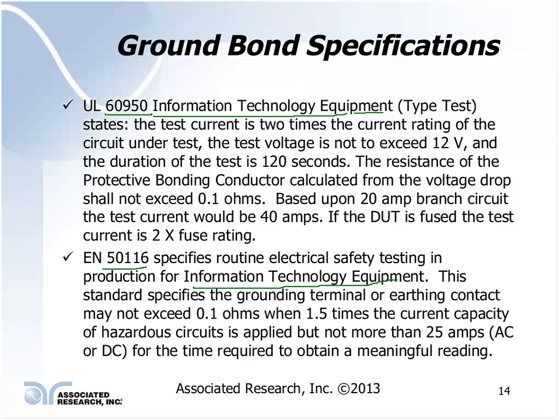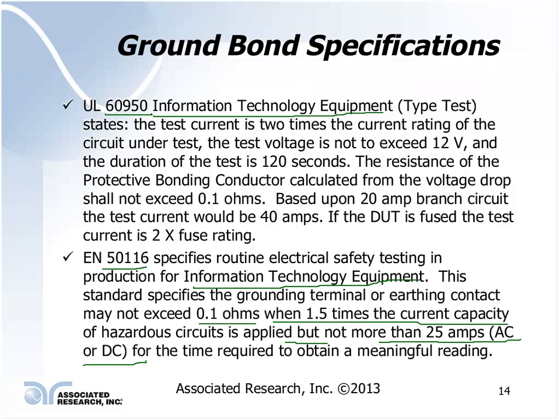Okay. This standard specifies the ground terminal of the earthing contact may not exceed 0.1 ohms, and here they're talking 1.5 times the current carrying capacity of any hazardous circuit is applied, not more than 25 amps, either AC or DC.